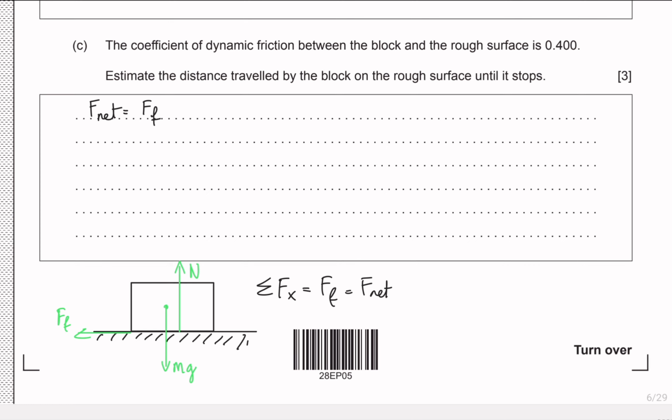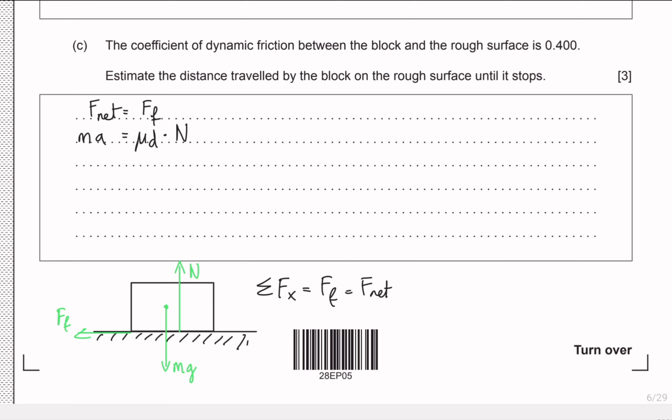And we know that F net from Newton's second law is just m times a. And we know that the frictional force, which is also in the data booklet, is the coefficient of dynamic friction, in this case, as the block is moving, times the normal force. So this is the frictional force, and we know that these two are equal.